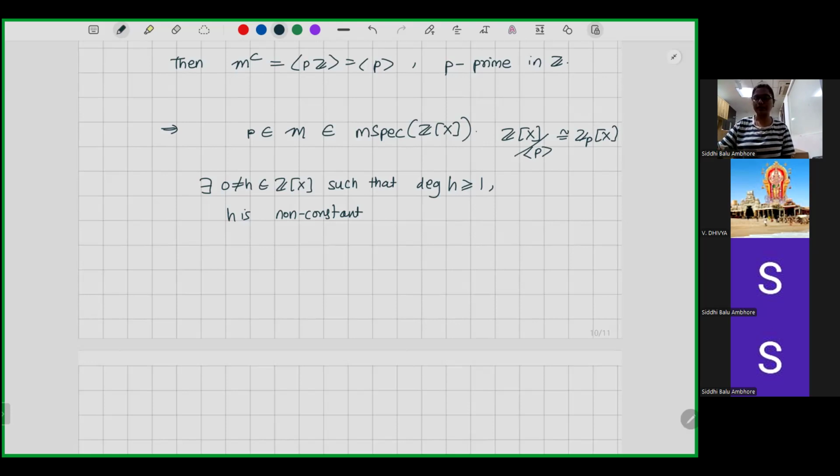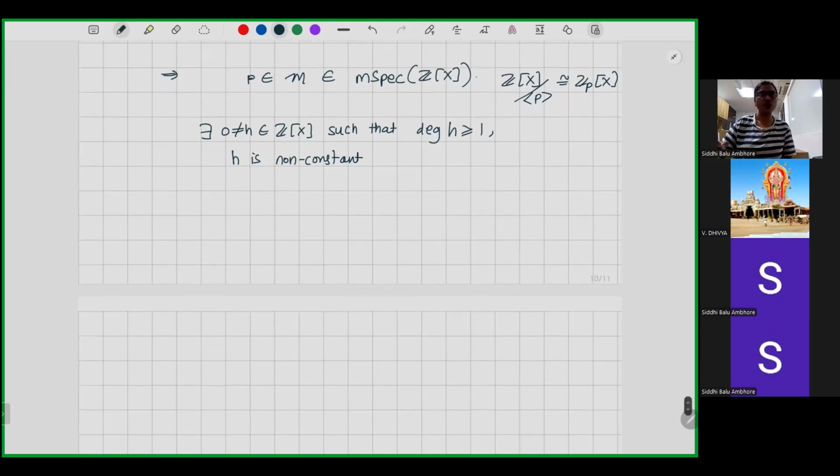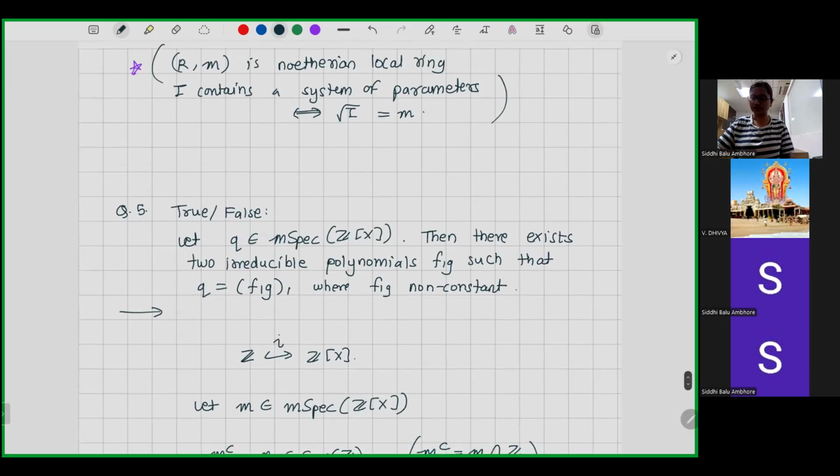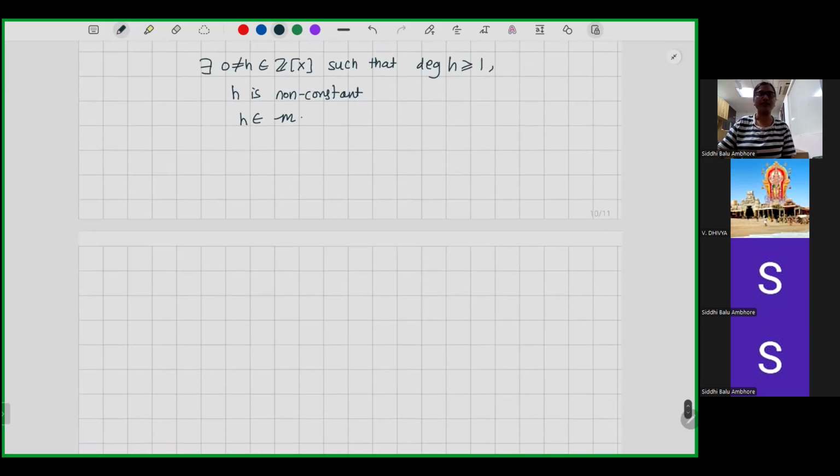So this H has to have at least degree 1, because in Z_p, if I take any constant element, it is a unit. So there exists some H non-zero in Z[x] such that the degree of H is at least 1 and H is non-constant, and this H belongs to this M, the one I started with in the maximal spectrum of Z[x].